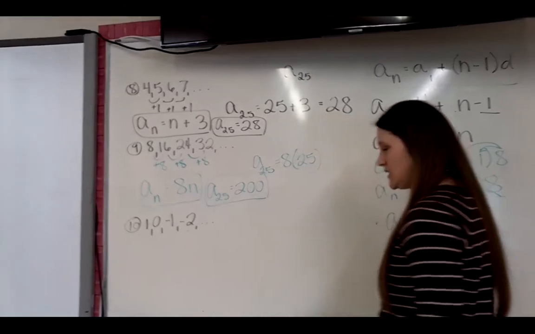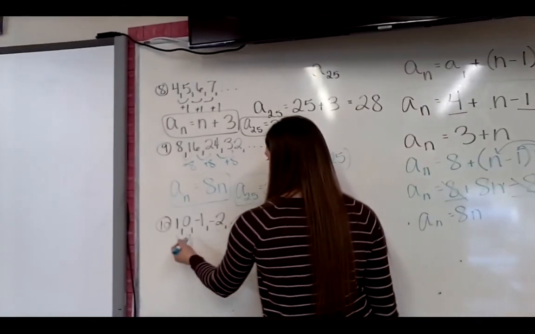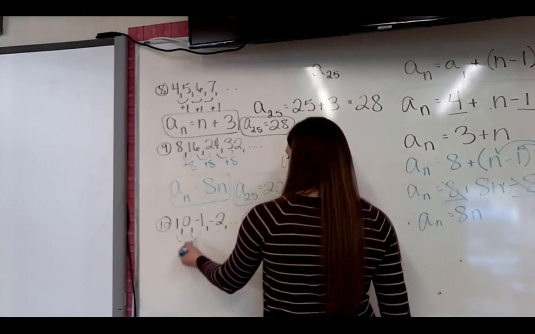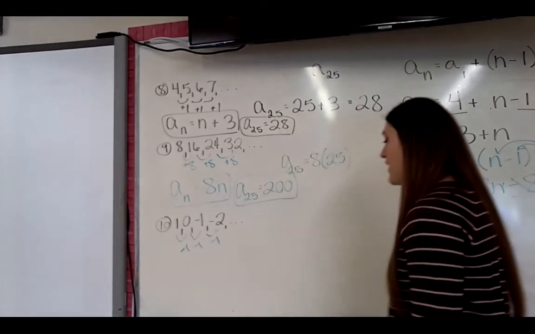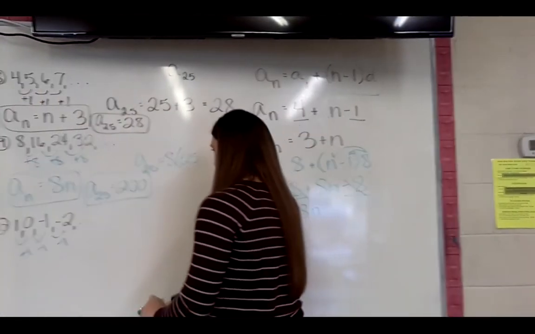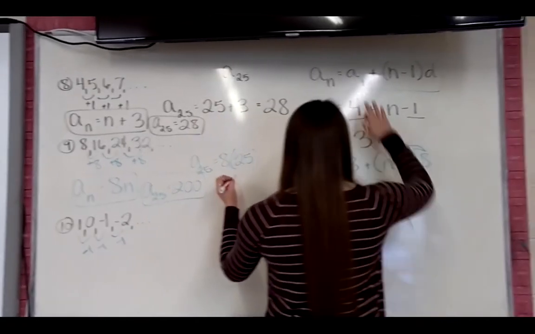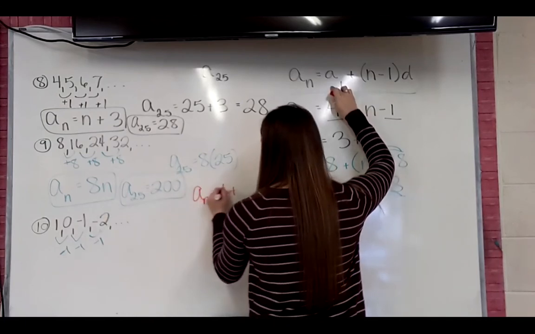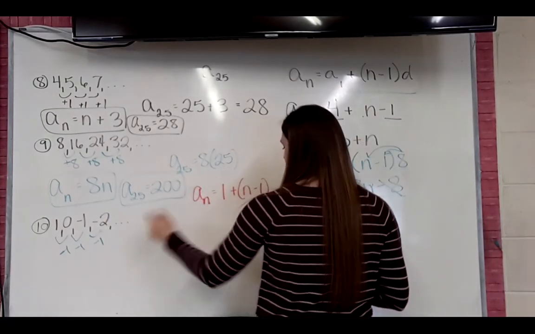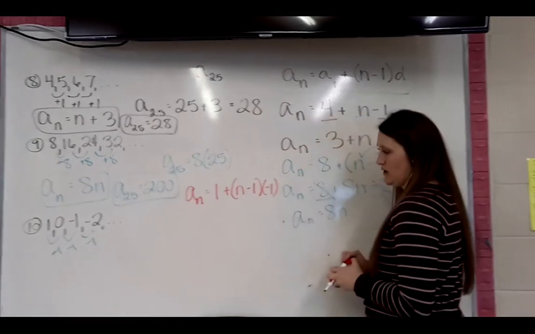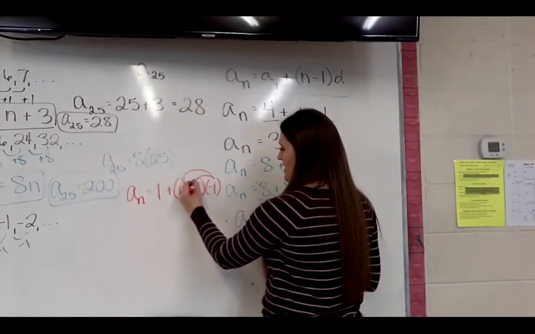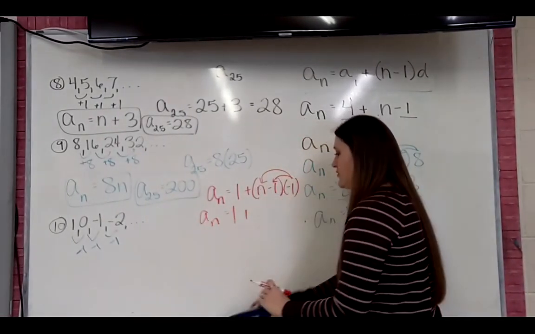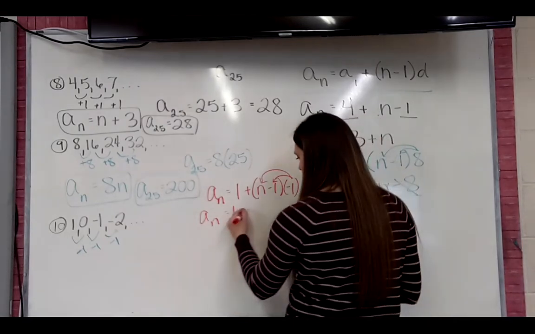Okay, and then last one, 10. From 1 to 0 is plus 1, or excuse me, minus 1, or plus a negative 1. So each time we are subtracting 1 on that one. So I'll switch colors again. I have my original function, so a sub n equals the first term, which is 1, plus n minus 1 times the difference each time, which was negative 1. So I have to distribute that negative in there. n times negative 1 is negative n, because I almost said plus, so minus n.